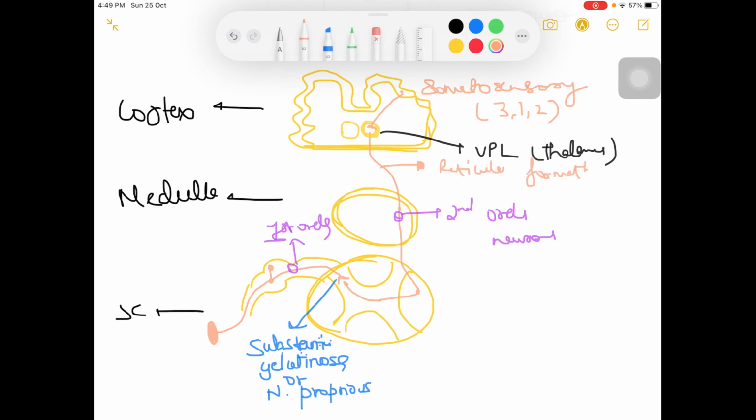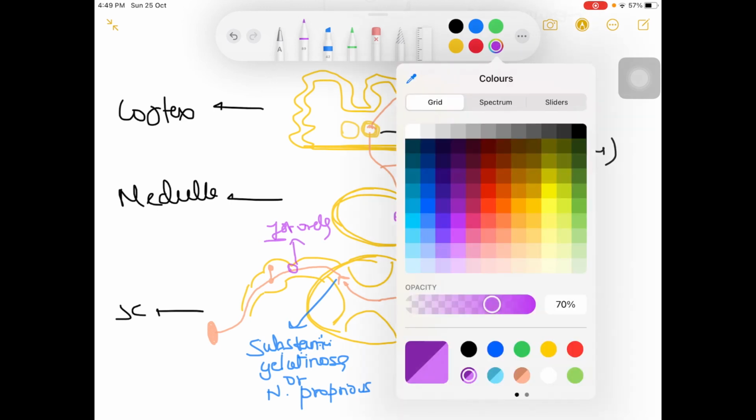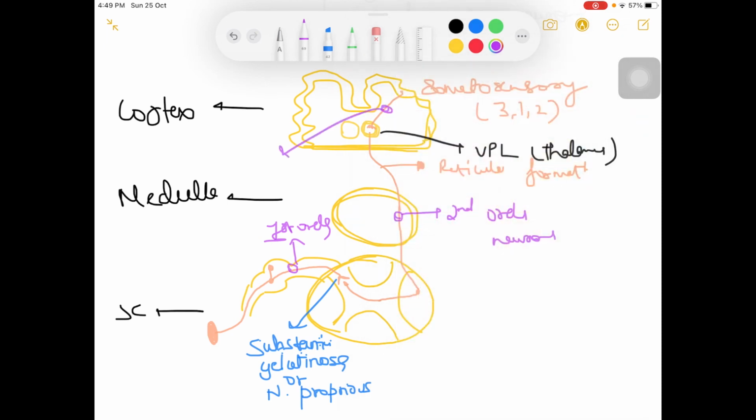Now why? I will tell you why. So collaterals are sent to reticular formation. So now what are the third order neurons? Yes, from the thalamus to cortex. These are your third order neurons.